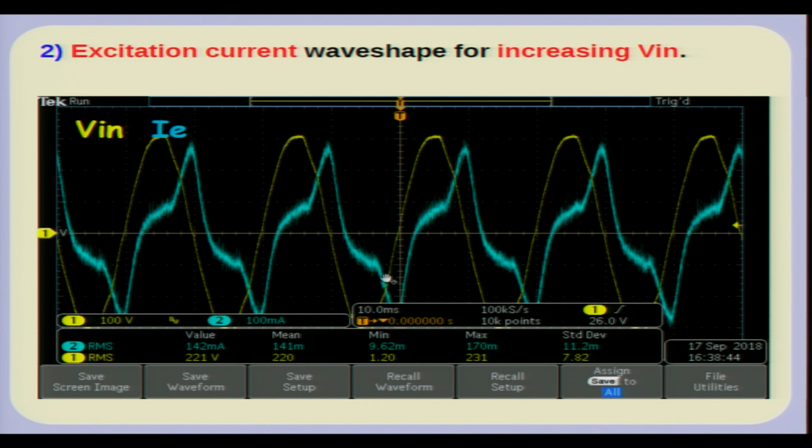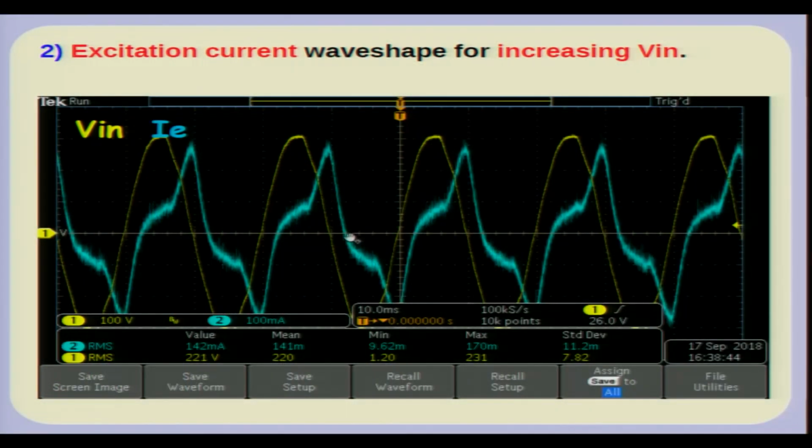This is not surprising because the ferromagnetic material is now saturated. If you have applied a sinusoidal voltage, the flux in the core is also sinusoidal because V is equal to N d phi by dt. But when the sinusoidal flux is reaching its peak value, the core is getting saturated.